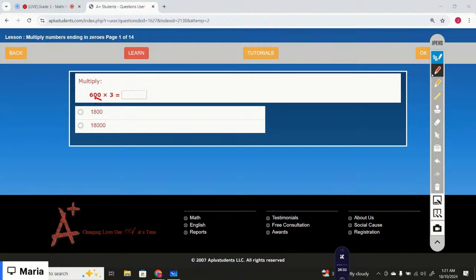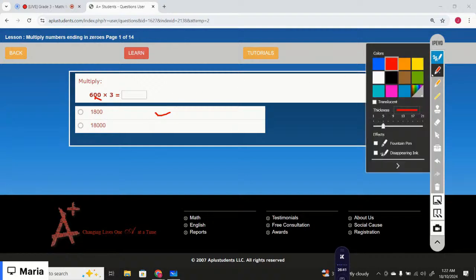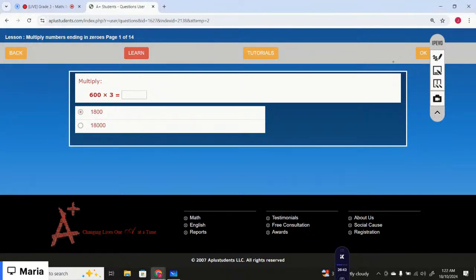You have two zeros with 6. So that makes it 1800, not 80,000. Option number 1 is the correct option. That is 1800.